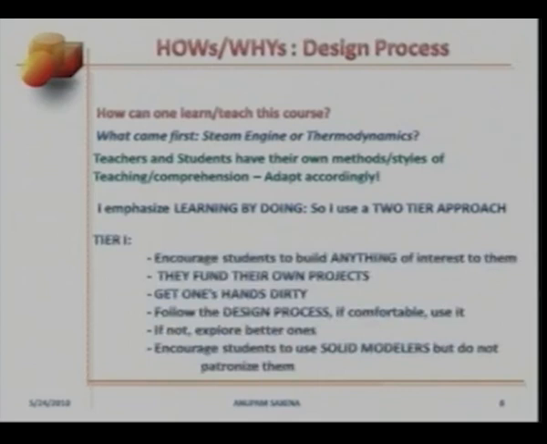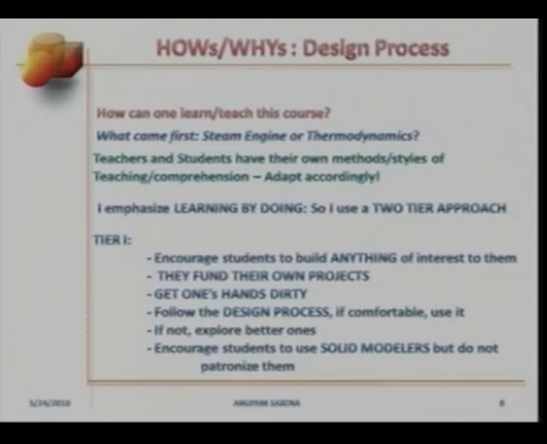In the first tier, I encourage my students to build anything of interest to them. I want them to fund their own projects. I want them to get their hands dirty. I think that is a much better way to learn a subject matter.